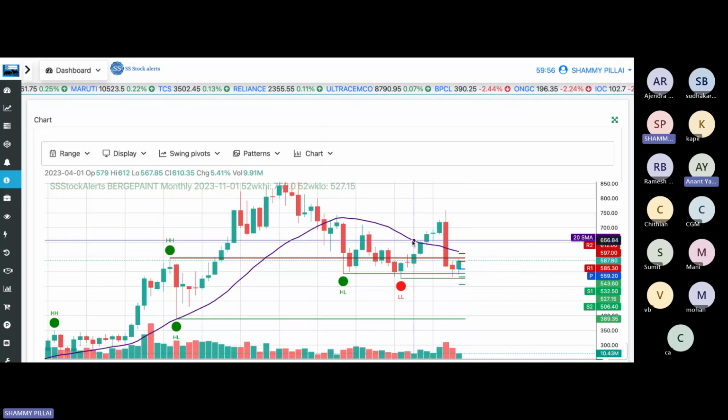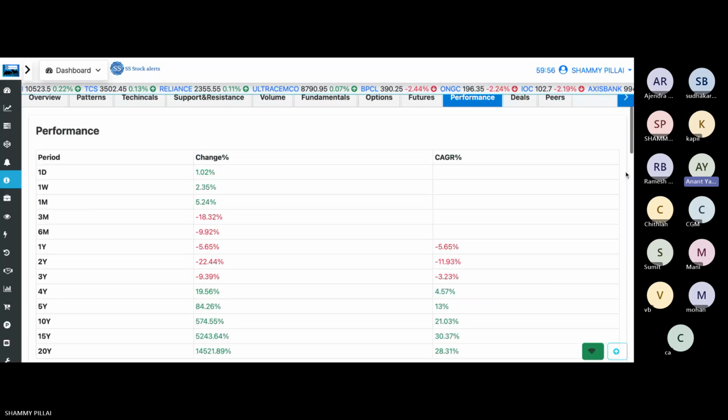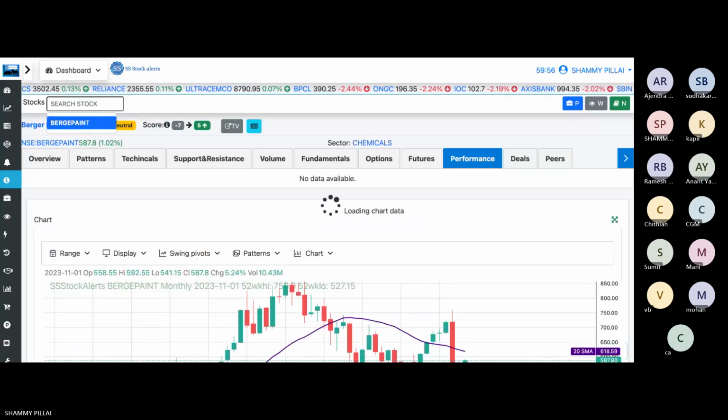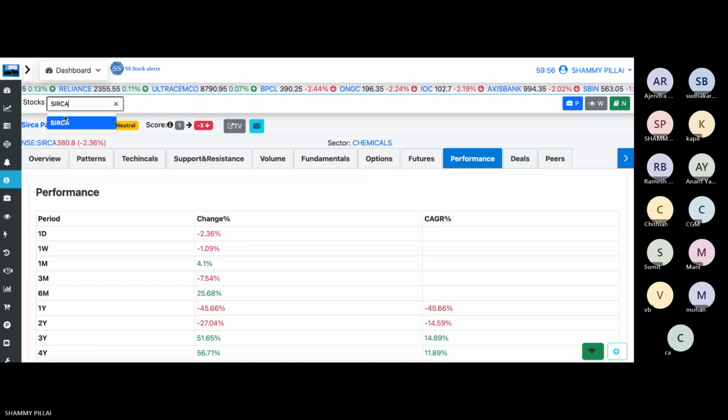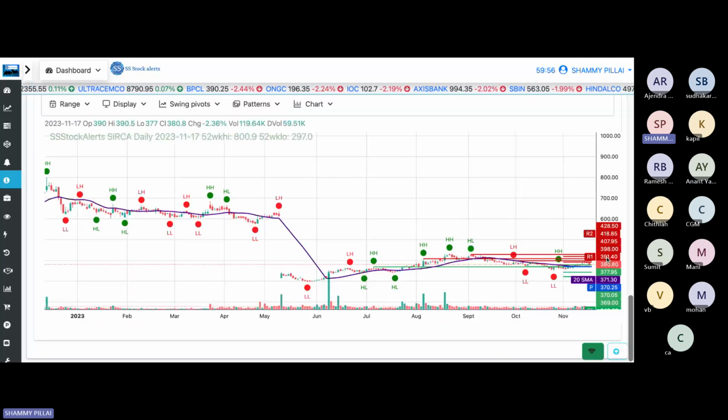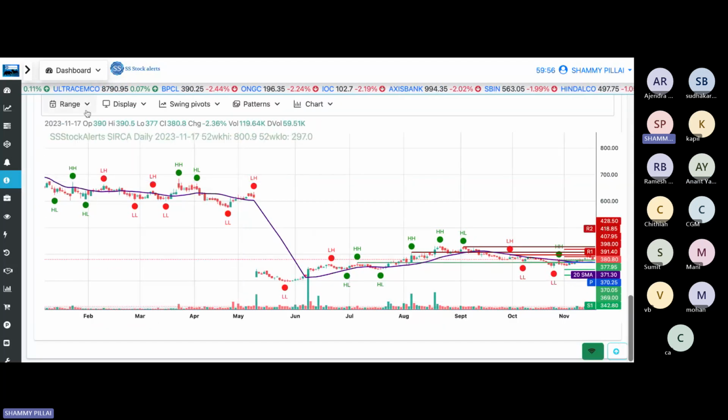But please, can you do the opposite, the chart of Kansai Paints? So basically, this is a fully avoid thing. Why? Because I'll tell you.